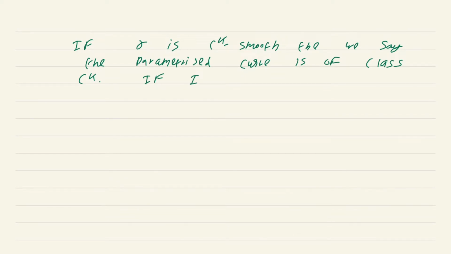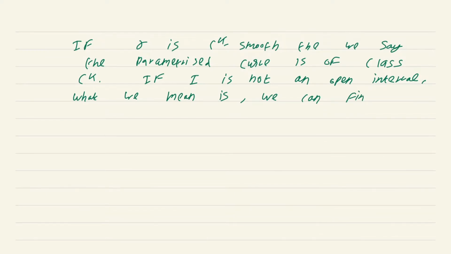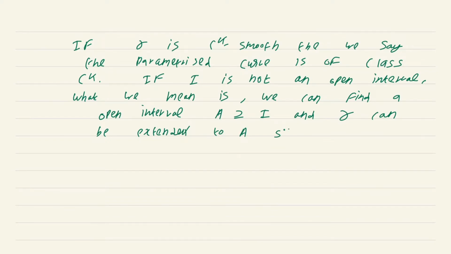If I is not an open interval, what we mean is we can find an open interval A that contains I and gamma can be extended to A such that gamma, now the extended gamma from A to R^n, is C^k smooth.